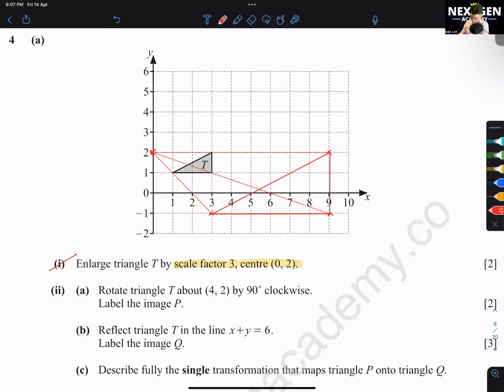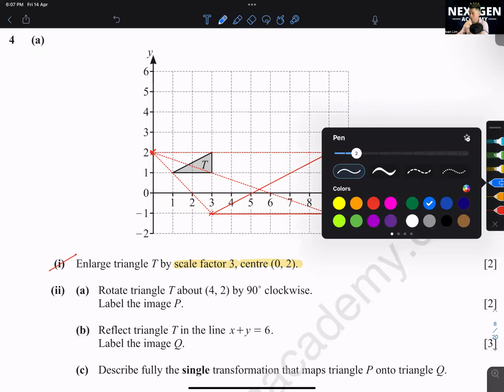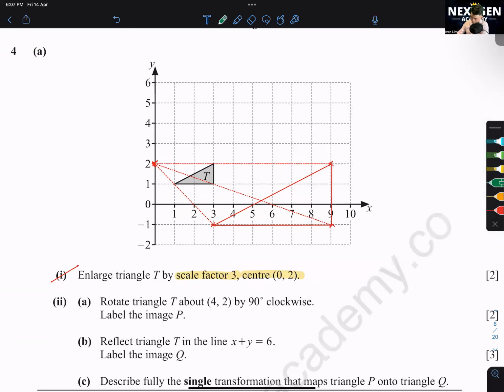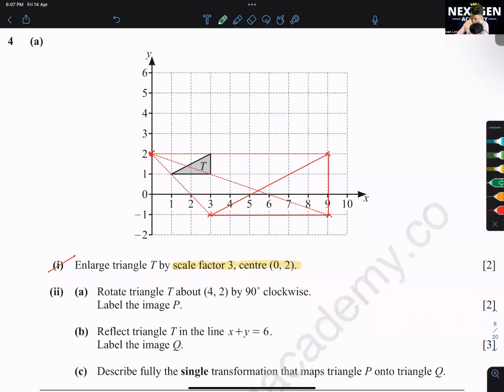Number 2. A. Rotate triangle T about 4, 2 by 90 degrees clockwise. Label the image P. I'm going to use green color over here. Where's the center? Center is 4, 2, so let's put it here. 90 degrees clockwise means like this.